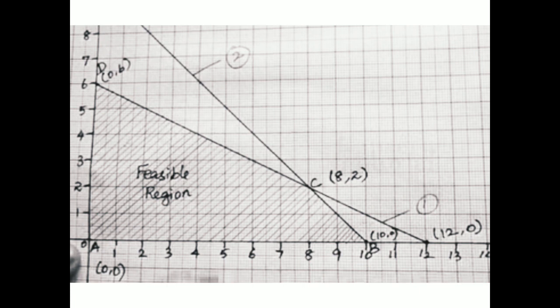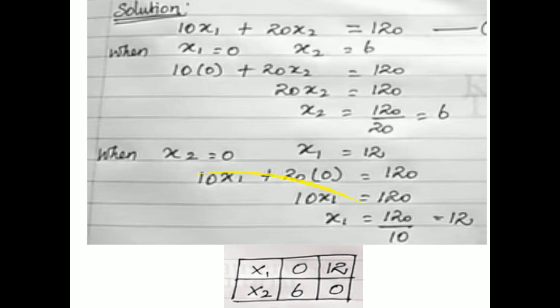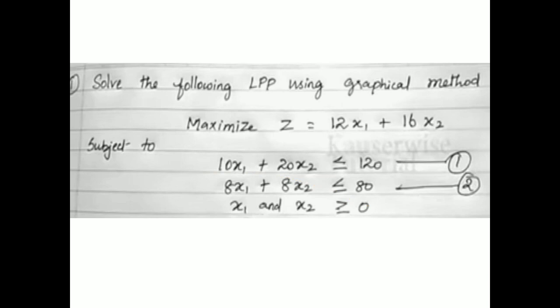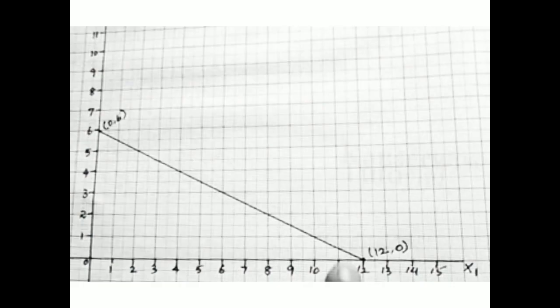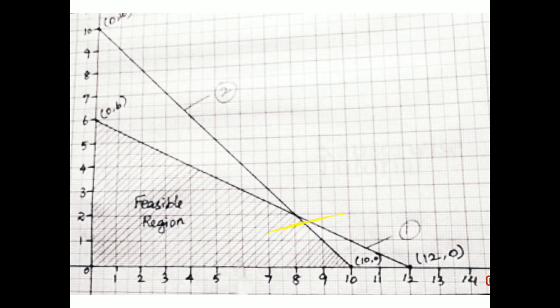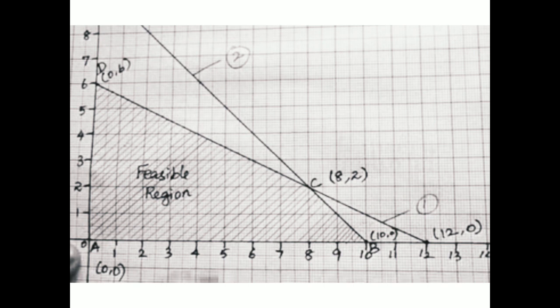For that you have to take both the equality constraint equations, which are 10x1 + 20x2 = 120 and 8x1 + 8x2 = 80. Solve these two equations simultaneously and you will get the intersection point, which comes out to be (8, 2), that is, x1 is 8 and x2 is 2.